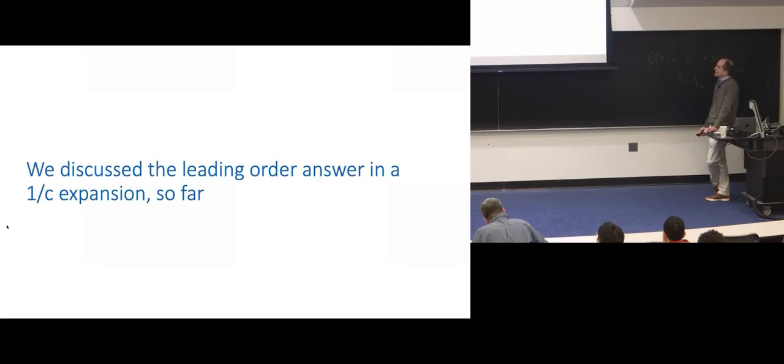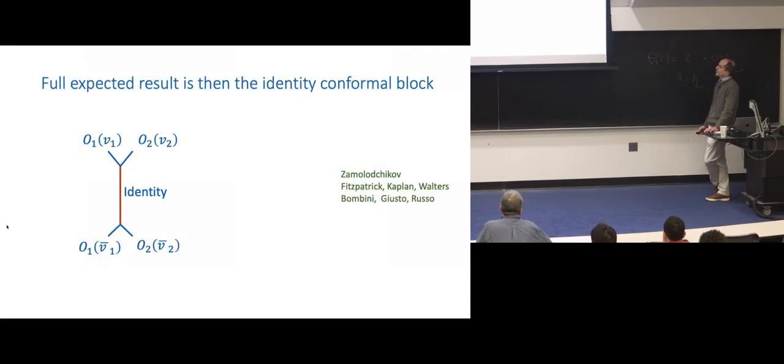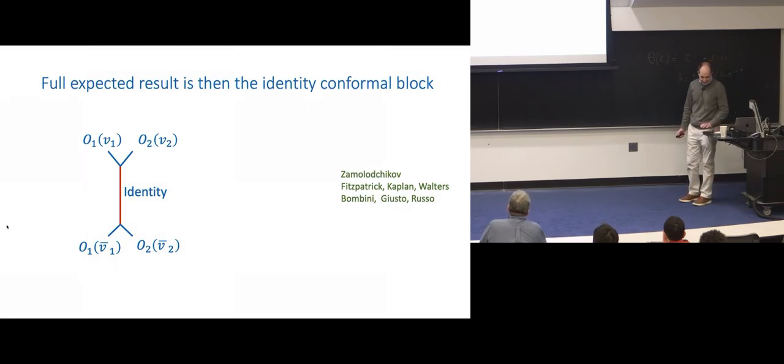So far we discussed the leading order answer in a 1/c expansion, but from the arguments we discussed, we expect that the exact answer is given by taking the 2 left-moving operators, fusing them to the identity, and then similarly with the right-moving operators, and then considering the identity conformal block.